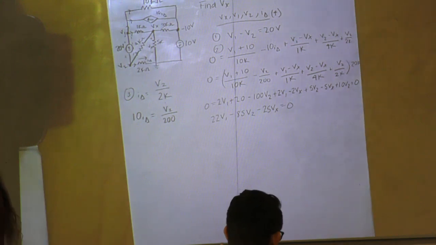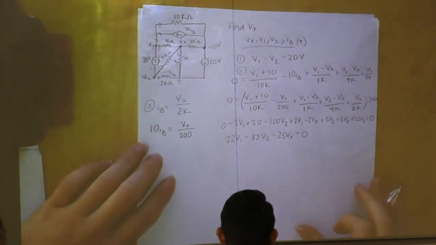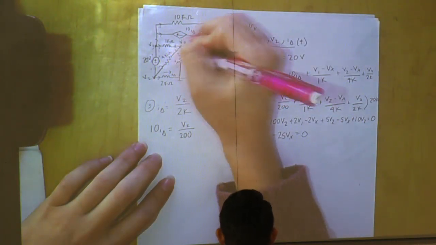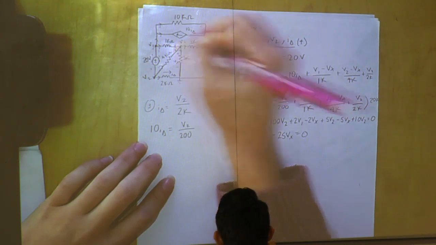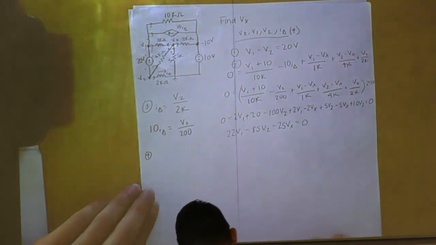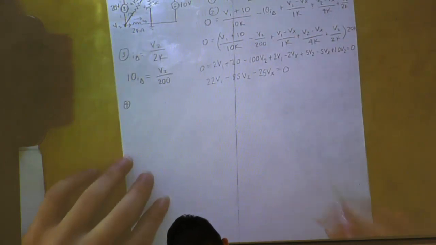We can do the KCL at Vx. So we'll have 1, 2, 3, 4 currents. This is our final equation.